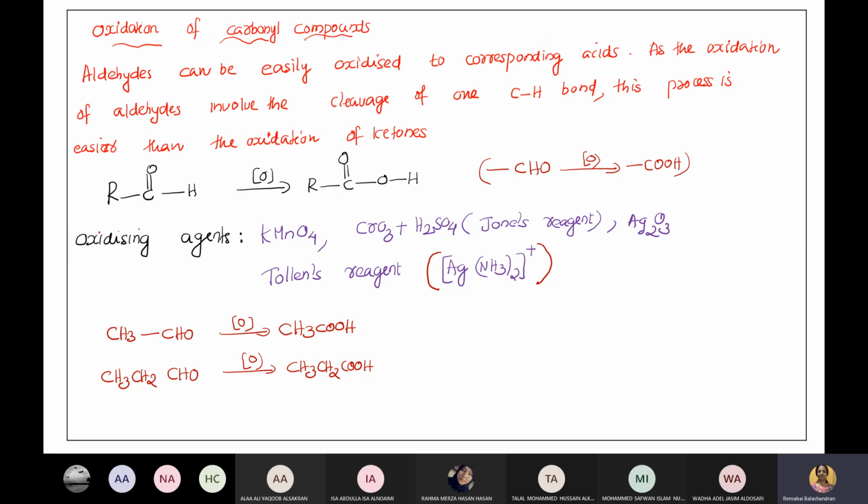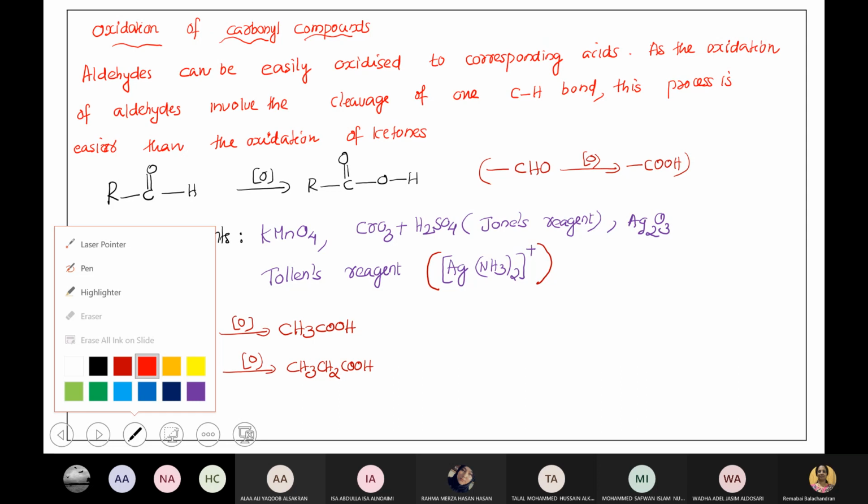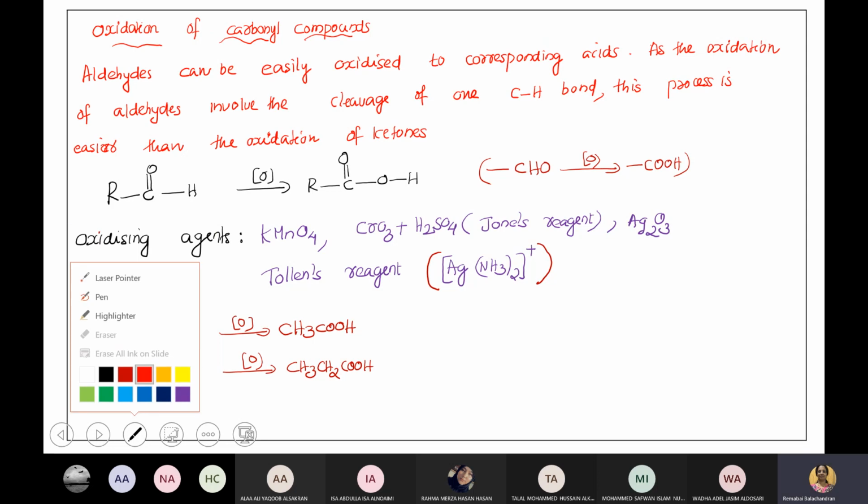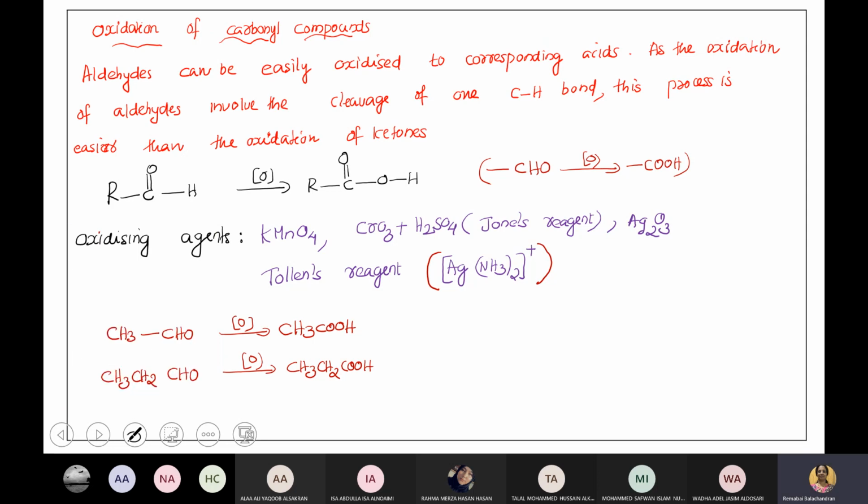oxidation. See, here, look at this one. Aldehydes can be easily oxidized to the corresponding acid. You understand? RCHO will become, or CH3CHO will become CH3COOH.